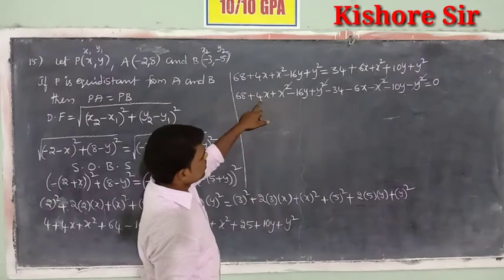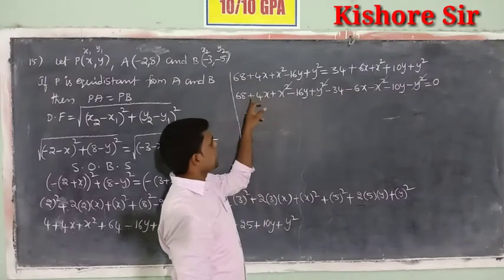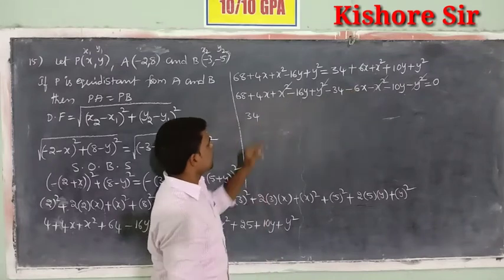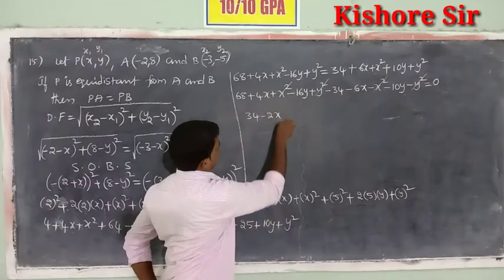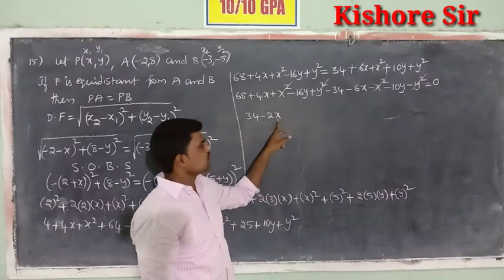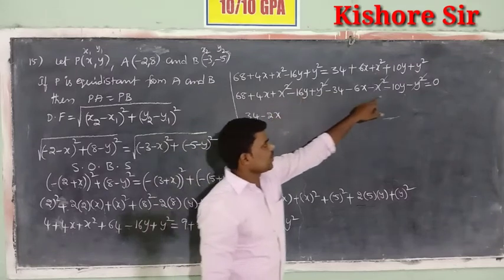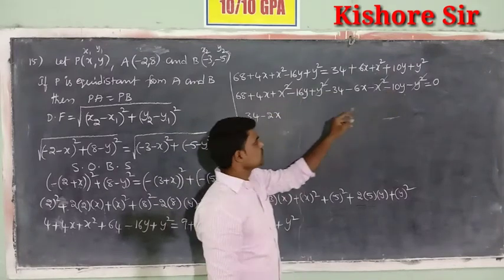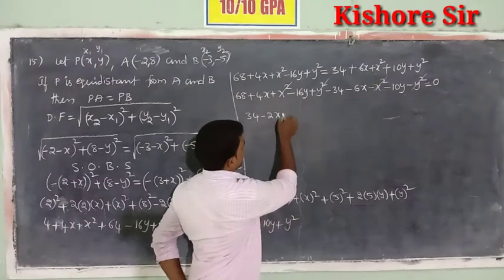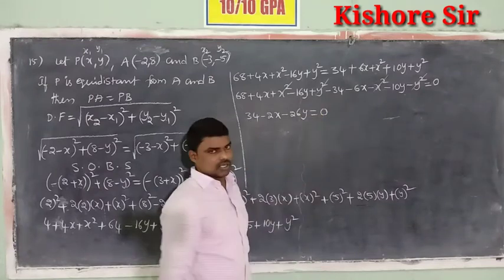Next 4x minus 6x. 4 has a plus symbol and 6 has a minus symbol, so 6 minus 4, minus 2x. 4x minus 6x is minus 2x. Next minus 16y minus 10y, both are minus, so we can add those two values. Minus 26y is equal to 0.